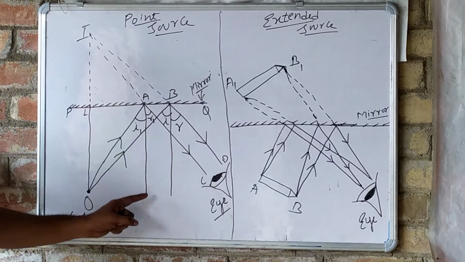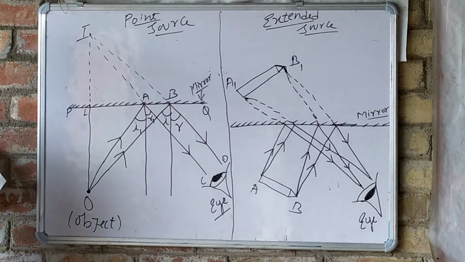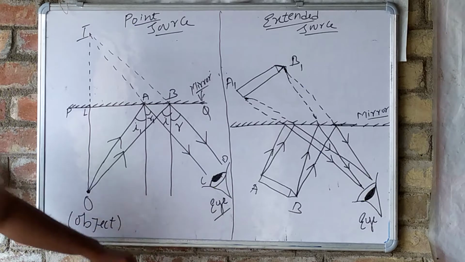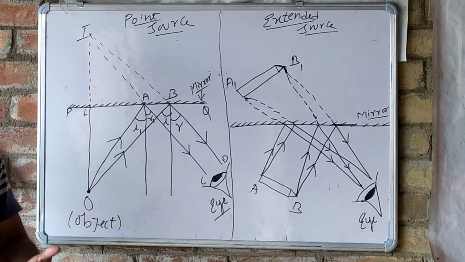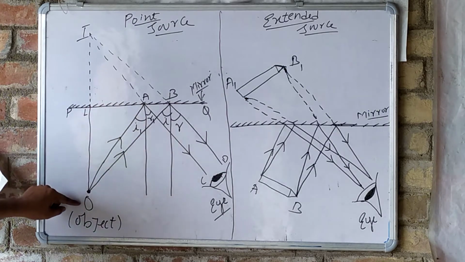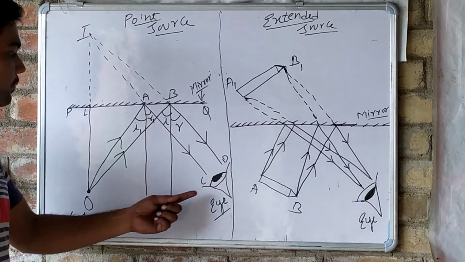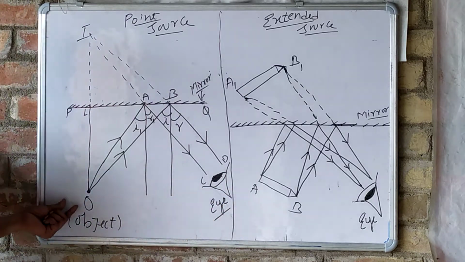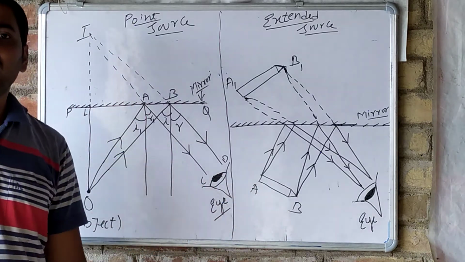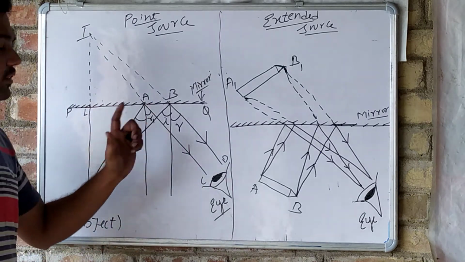See here, this line is the normal to the plane surface. What happens when a person is looking from over here? He will feel as if the object's image is seen by the human eye. Although the object is placed here, because of the laws of reflection the person will be able to see the object's image in the mirror.